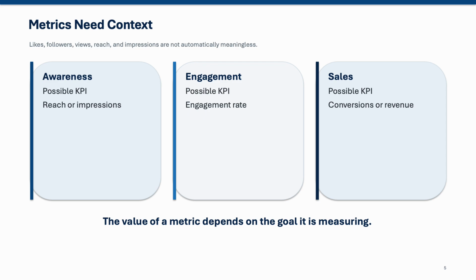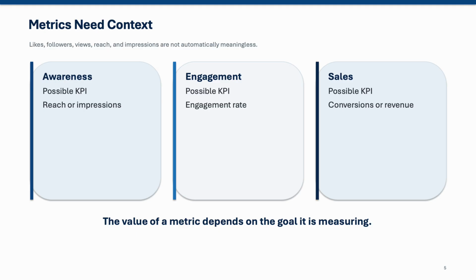Now, in this class, we'll be looking at metrics, but metrics need context. In the past, metrics such as likes, followers, views, and reach were sometimes dismissed as superficial or vanity metrics. But I want us to think about this a little differently. These metrics aren't necessarily meaningless. Their value depends on the goal.